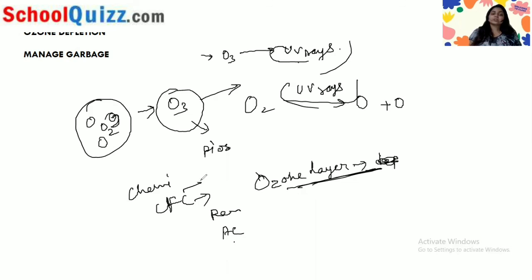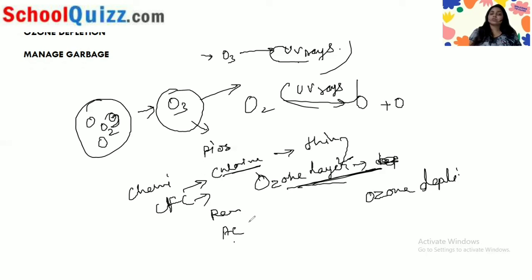CFCs contain chlorine, and chlorine reacts with the ozone and makes this layer thin. This is called ozone depletion, where the ozone layer is affected by these harmful chemicals.